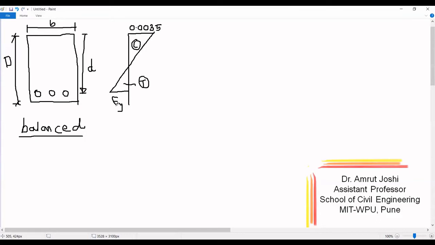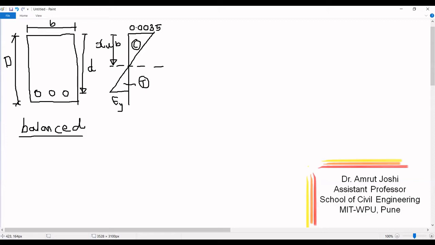Now we are interested in finding the location of the neutral axis from the extreme compression fiber, and let me call that location of neutral axis by the notation xub.